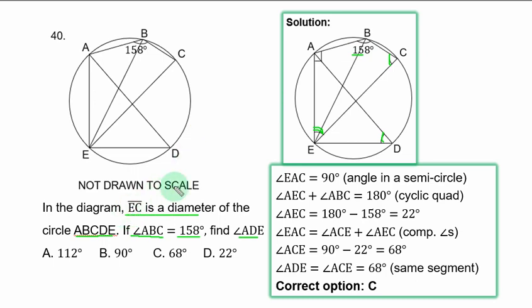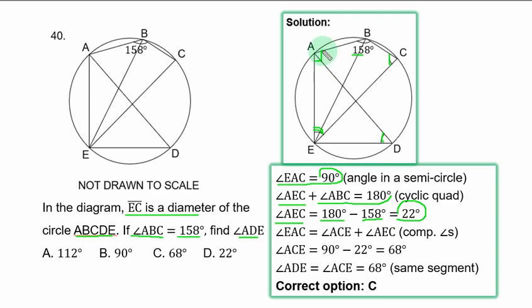Since EC is a diameter, it means this angle is 90 degrees, angle in a semicircle. So you have angle EAC to be 90 degrees. So if you add angle AEC, using three letters notation, plus angle ABC, the sum is 180 degrees, cyclic quadrilateral. So AEC is equal to 180 degrees minus ABC, that is 158 degrees, and that is 22 degrees.